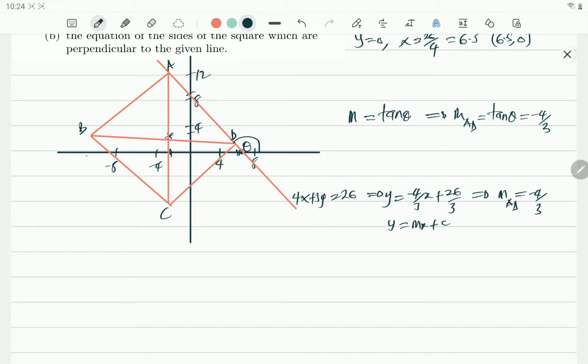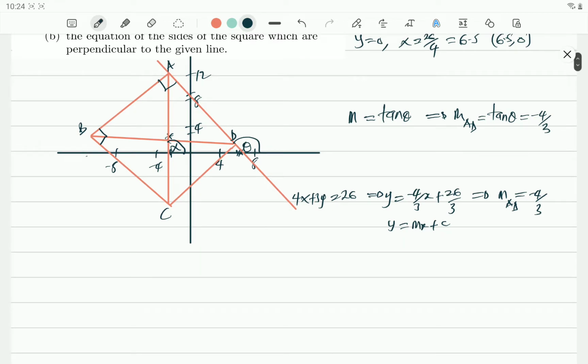So I have theta here already. I'm going to indicate the angle AC makes with the x-axis and call it alpha. Because the interior angle of a square is 90 degrees, and the line AC is the diagonal, it means the line AC bisects the angle at A into two equal parts.